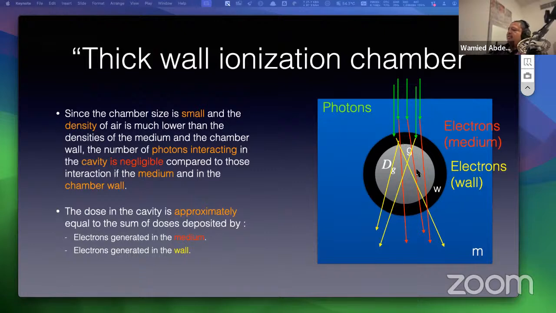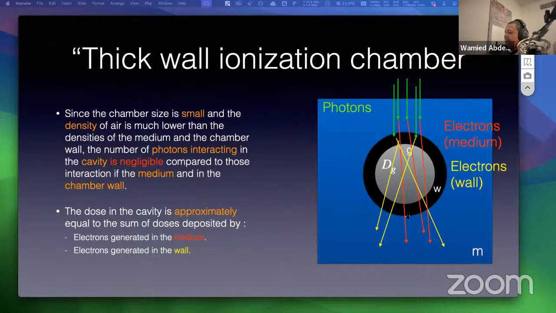And this is due to the density. The density is very, very low. So essentially, we can approximate the dose in the cavity to be deposited by two sources, not three. These sources will be electrons generated from the medium, so photons interacting with the medium generating these electrons, and also electrons generated within the wall material.